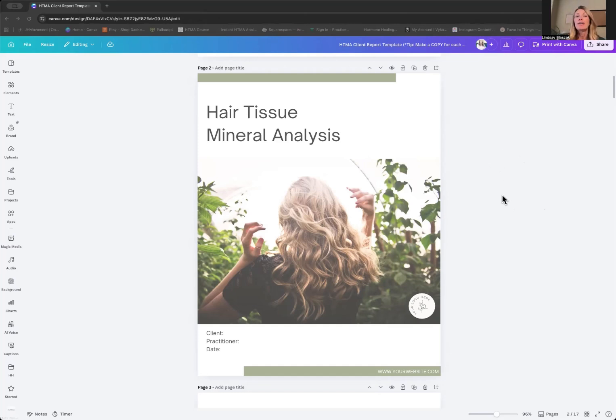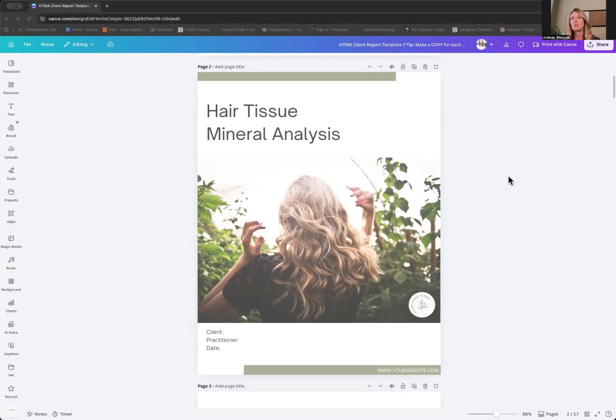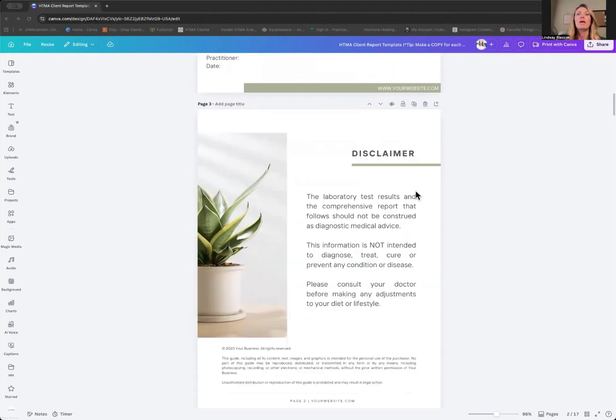Starting out, I just wanted to package this really beautifully so that they had something they could keep and easily refer back to, or if they wanted to share it with somebody on their medical team or even a spouse, they had this nice report that had everything in it all together and actually was easy to navigate and looked pretty too.